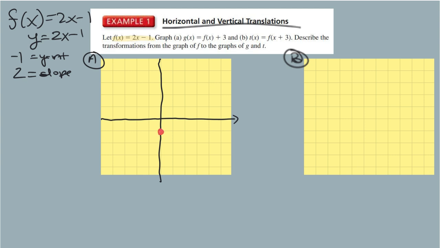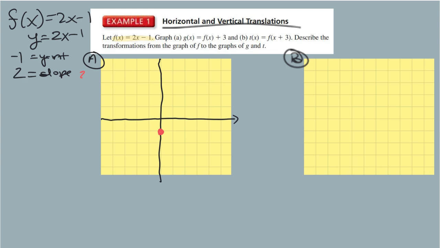Then our slope is positive, so is my line going to be negative, or is it going to be positive? It's going to be positive, correct, because our slope is positive. Even though our y-intercept is negative, does not mean that our line is negative. Just the slope determines it. So we're going up 2 and over 1, correct?